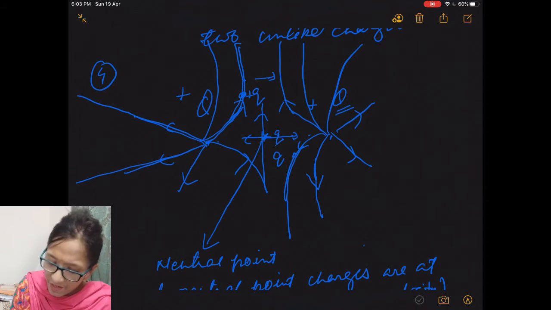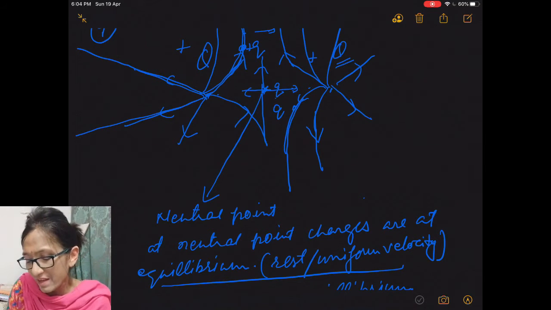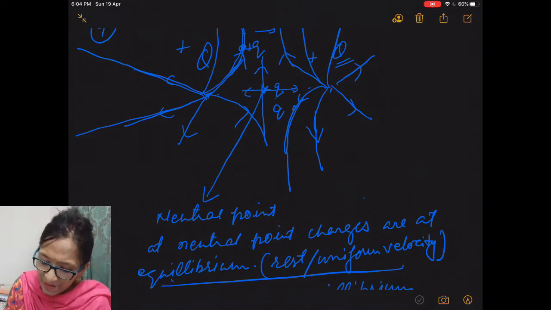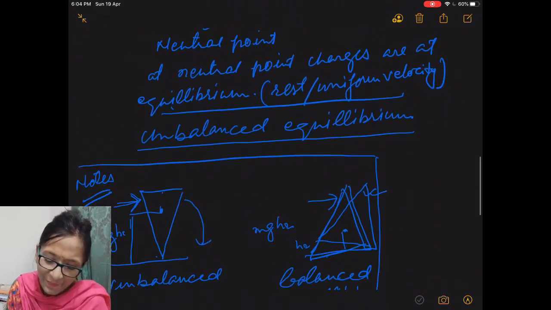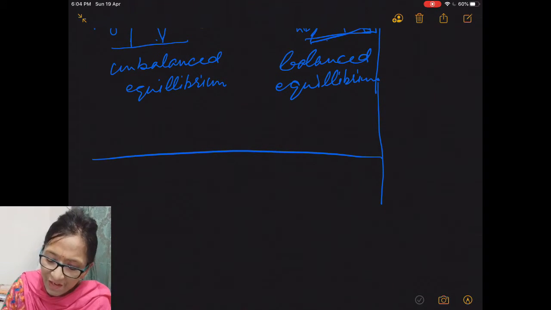So in perpendicular direction, if the charge starts moving, then its position cannot be restored. So such equilibrium is unbalanced equilibrium. So these four cases we learned. Let us sum up all these four cases.